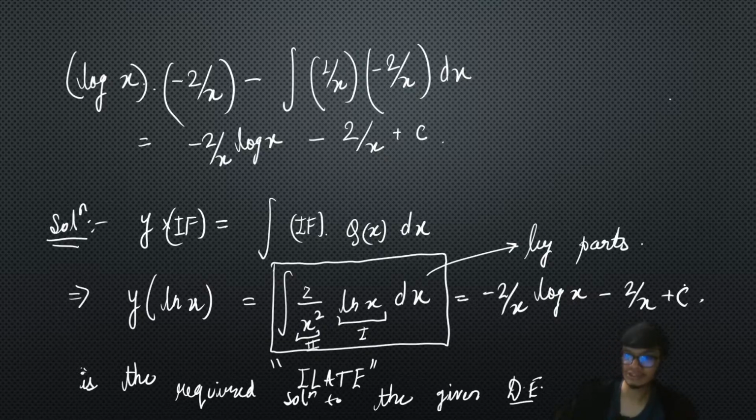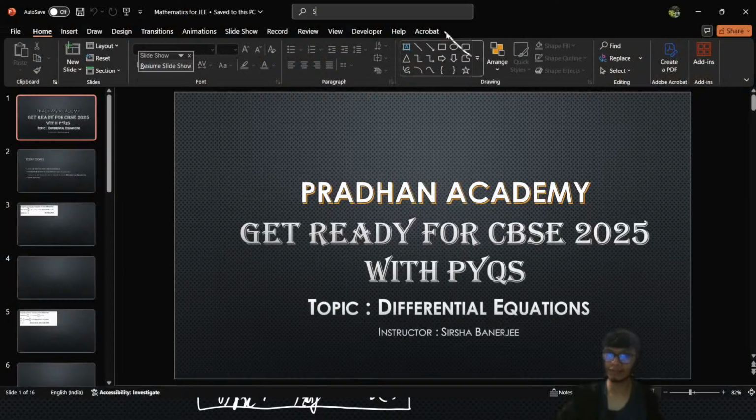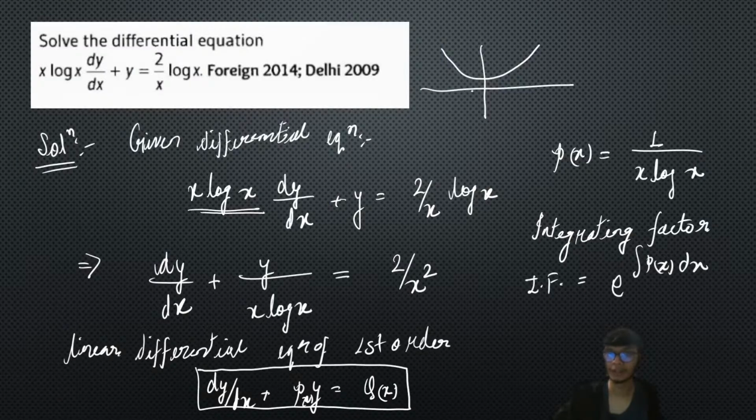So now I was discussing what is the role of this particular C. In a differential equation problem, the solution represents a family of curves, based on the constant value. For example, if you have a curve like this for this particular solution, based on the different values of C, the curves will either shift up or shift down, right?